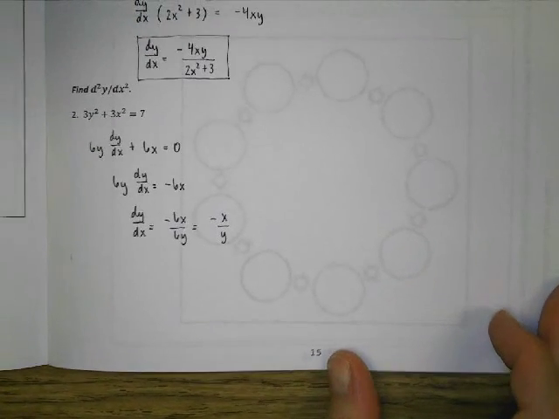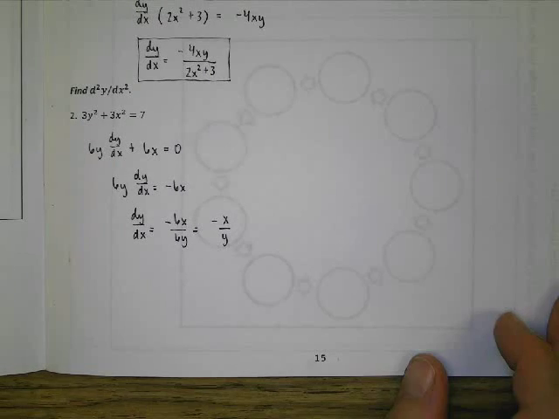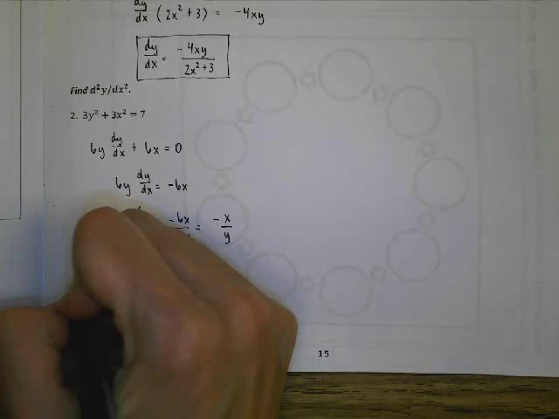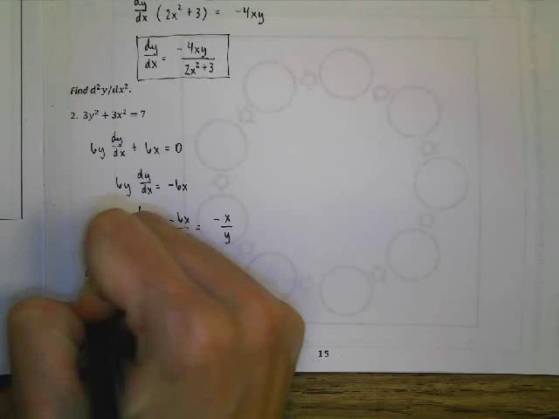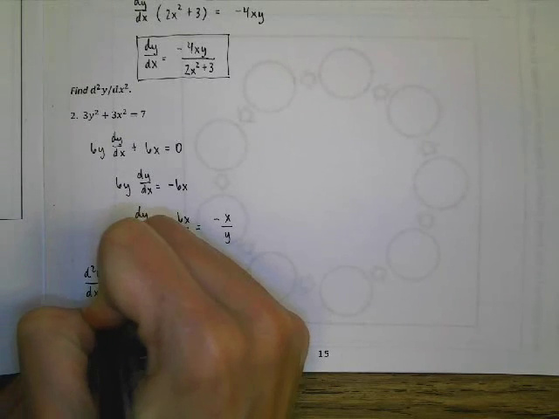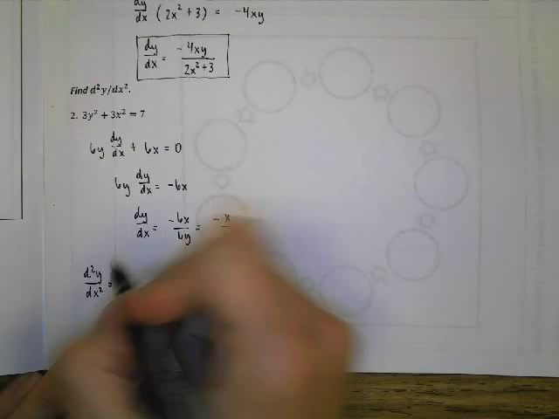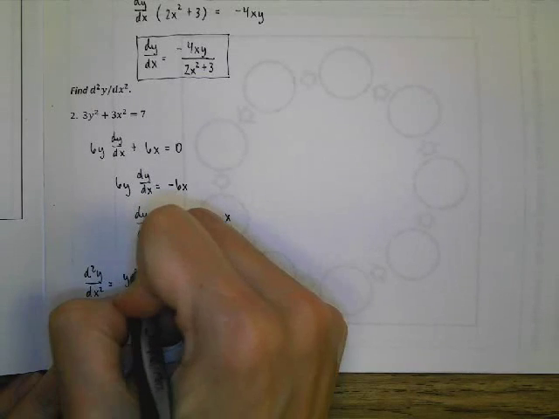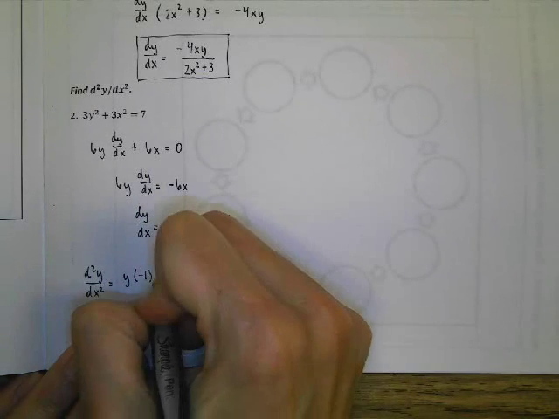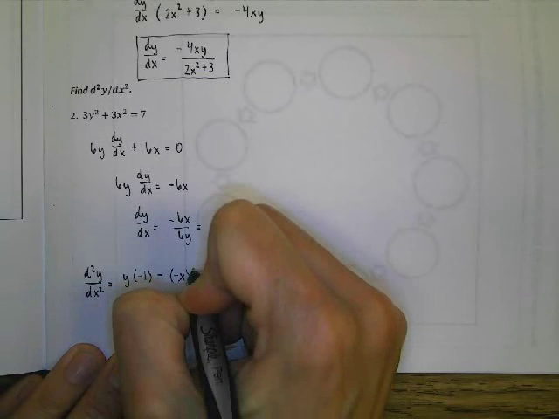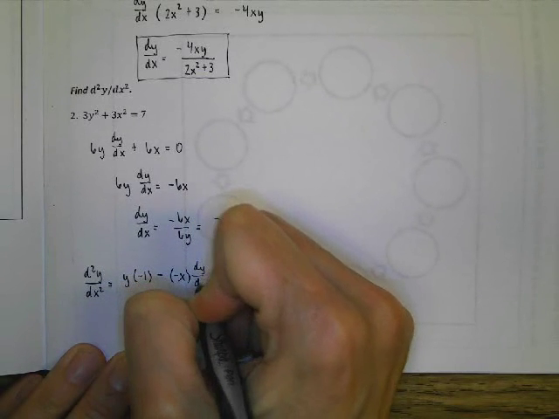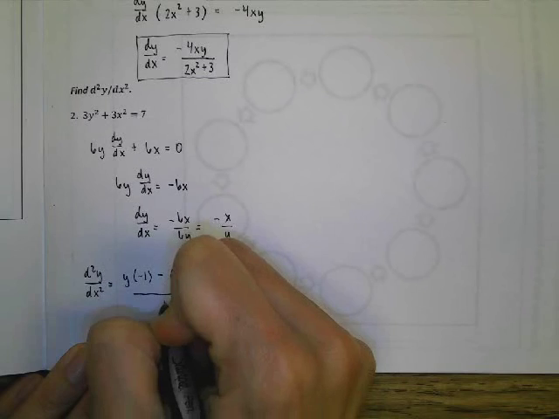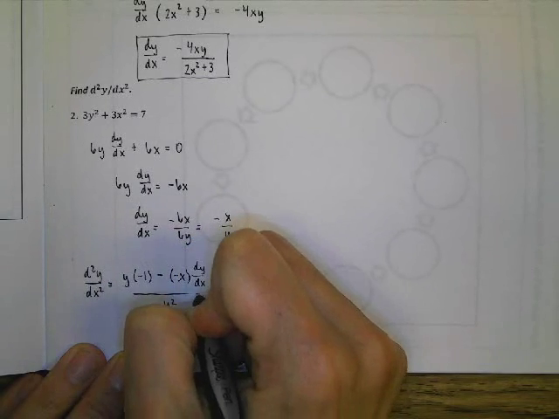So now I'm going to take my second derivative. I'm going to use quotient rule here. Okay, so I'm going to have y times a negative 1 minus a negative x times dy dx all over y squared.